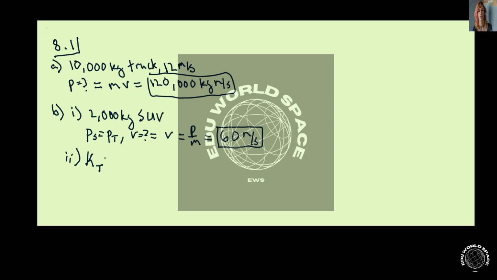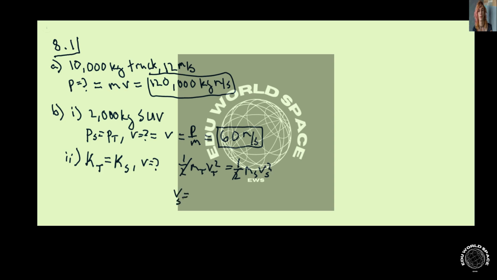Now in the second part, we want the kinetic energy to be equal to that of the truck. And again, we're looking for the speed. So, the most straightforward way of doing this, of course, is take the expression for the kinetic energy for both objects and set them equal to each other. Of course, the twos or halves cancel out.